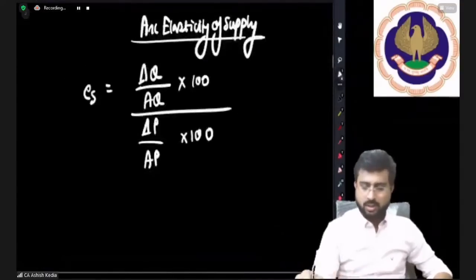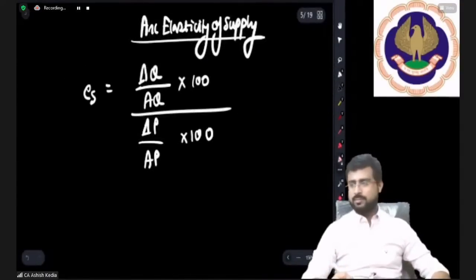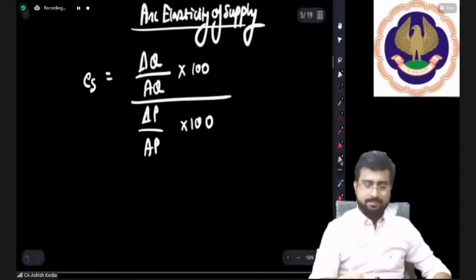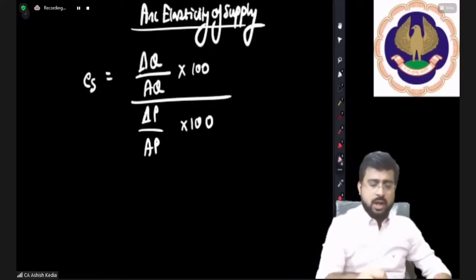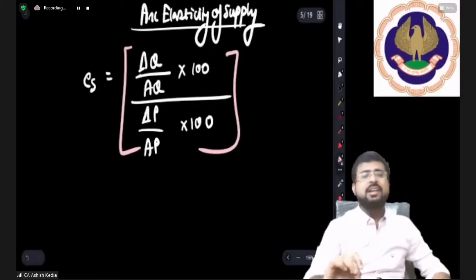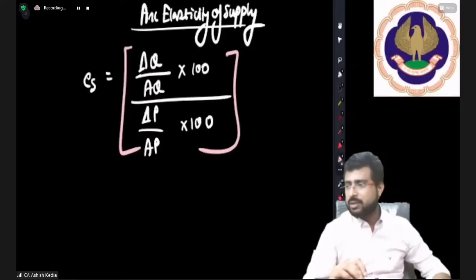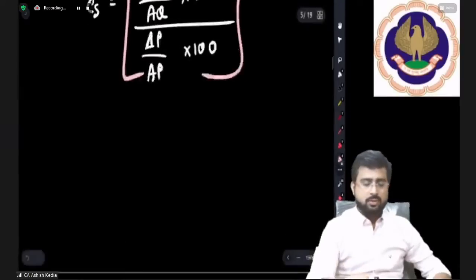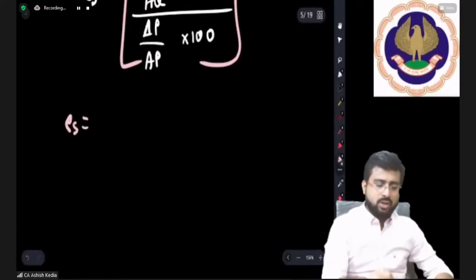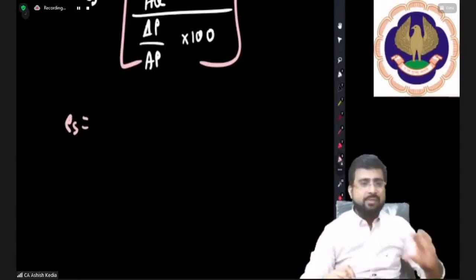Pay attention, everyone. There is another formula for arc elasticity that I need to write. You know the original formula that I told you; I will give it a twist.